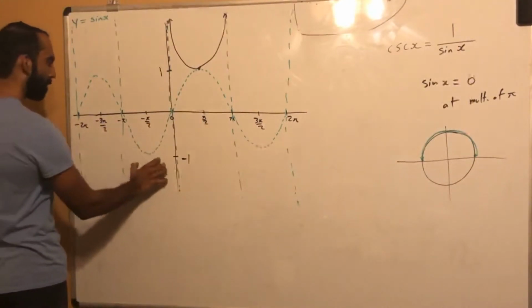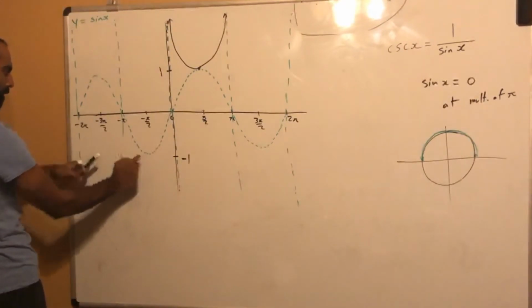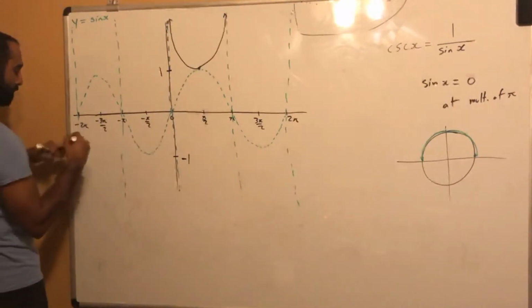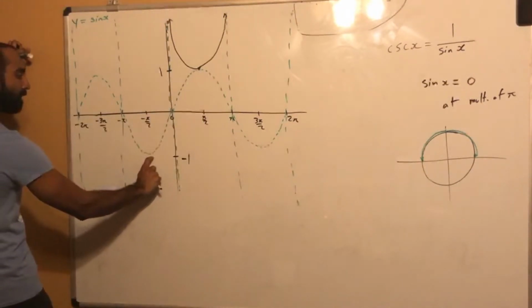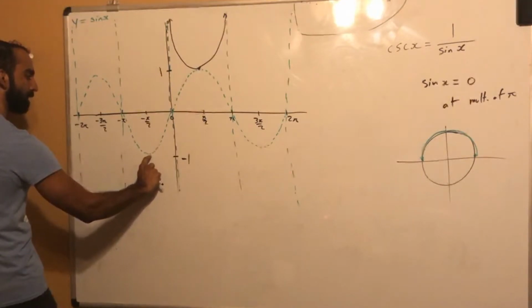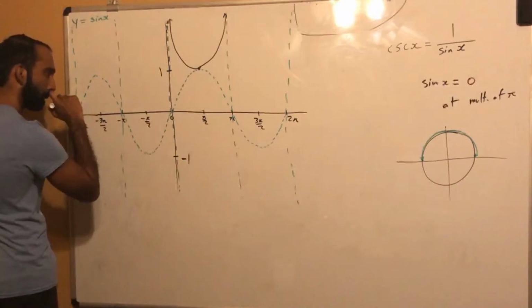Now, let's look at what happens in this region here. Again, start at the bottom of the valley this time. If I say 1 divided by this y coordinate for sine, 1 divided by negative 1, that gives me negative 1.